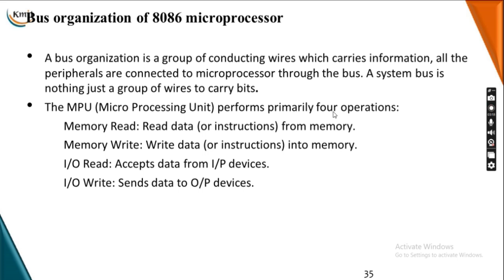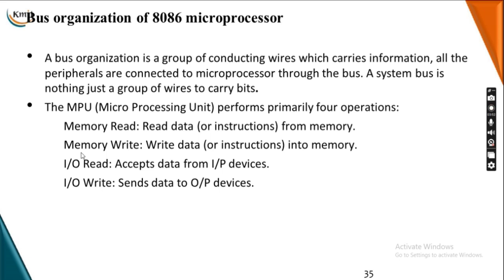The 4 operations are: first one, memory read. What is a memory read? Read the instructions or read the data from memory. Again I tell you, memory read is nothing but it reads the data or the instructions from memory.